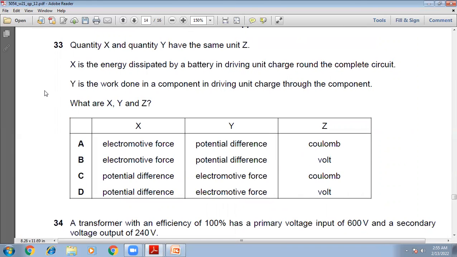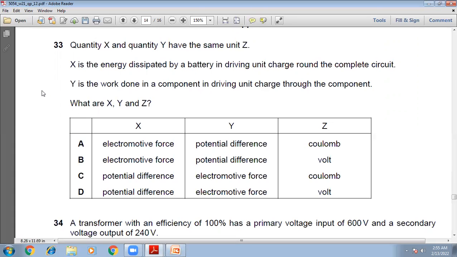Quantity X and quantity Y have the same unit, Z. X is the energy dissipated by a battery in driving unit charge around the complete circuit. So X is basically EMF, electromotive force. Y is the work done in a component in driving unit charge through the component.